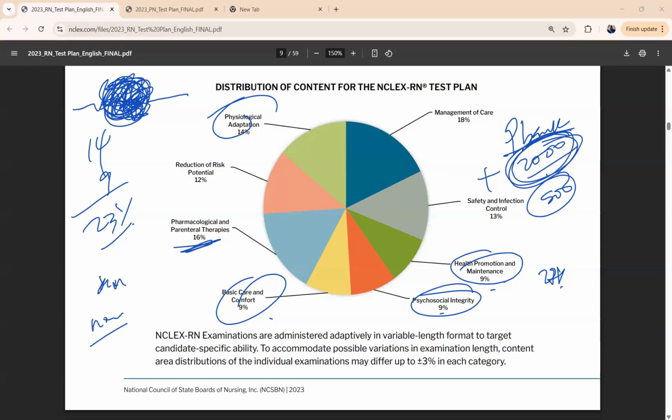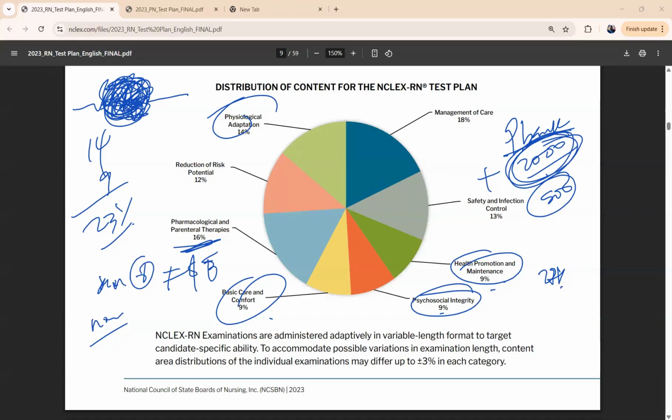It took me 6 months to understand fluid and electrolytes. I was like, how will I know this? I crammed, I learned mnemonics. That's the reason why till today I don't teach mnemonics, because I hate mnemonics. It's not working for me. I don't like cramming. I like to understand.